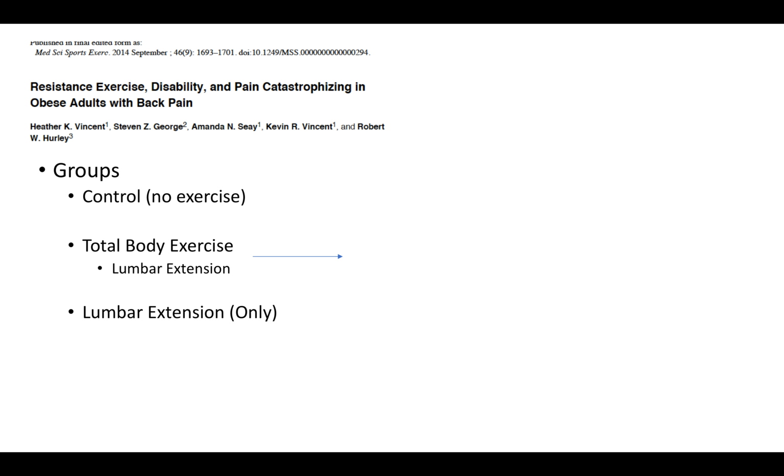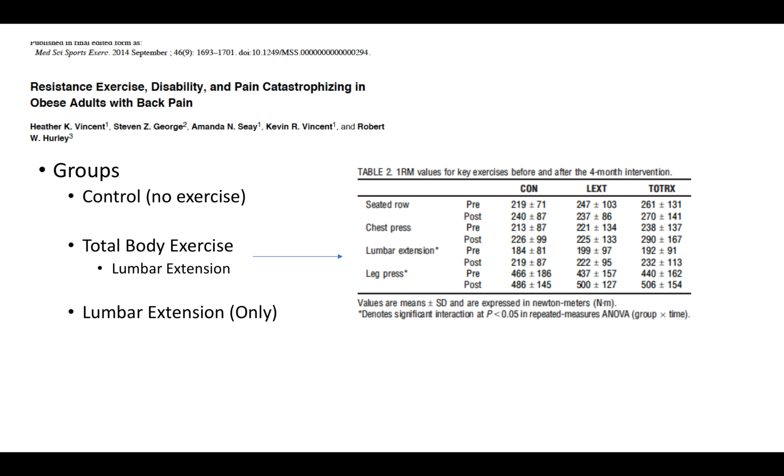And then how does this relate to pain catastrophizing and disability? This was a nice paper from Medicine and Science in Sports and Exercise 2014, where they looked at a control, which is no exercise. They looked at total body exercise, which included lumbar extension, a Roman chair approach, seated rows, chest press, and a leg press, and then compared that to lumbar extension only.